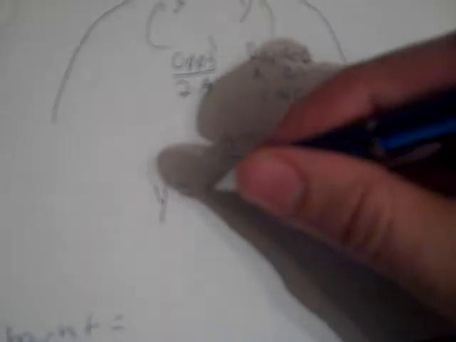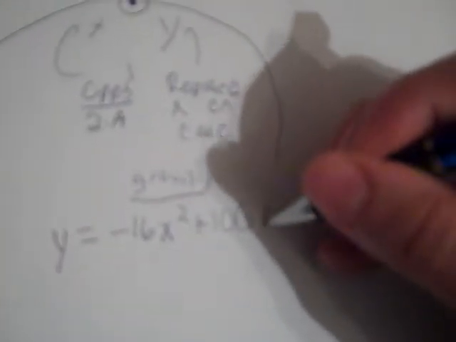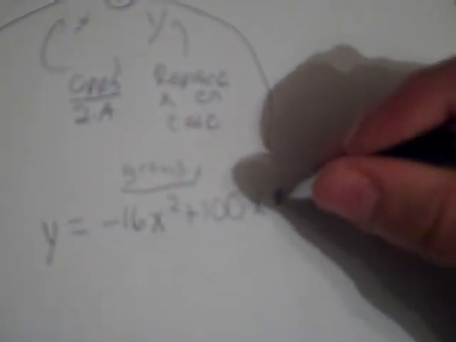All right, so it's gravity. The gravity equation, we go y equals, and then the gravity term is negative 16x squared. What's the feet per second? 100. Okay, where did the object start? Well, it's kicked off the ground, so you can either put 0 or just don't put anything.